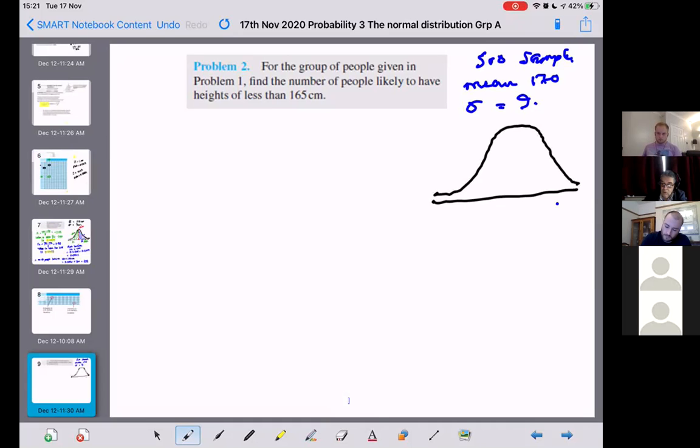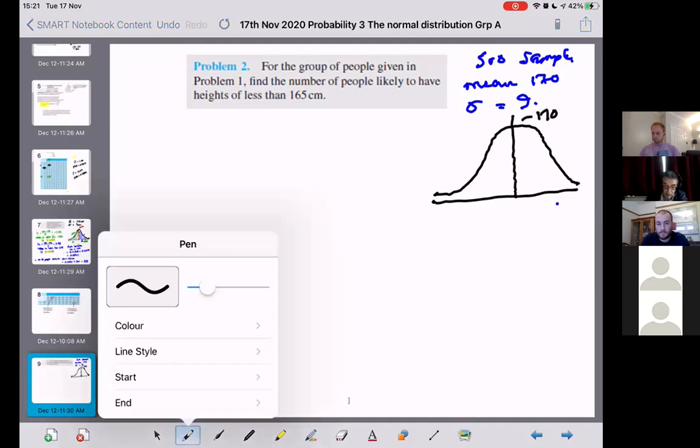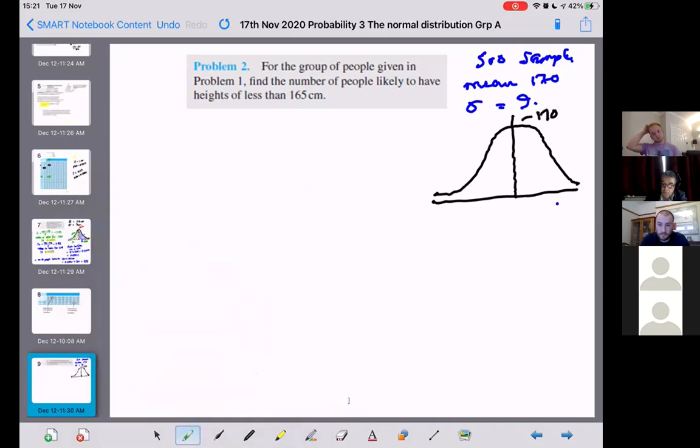We've got a mean here equal to 170, and a line in here, let's make it green, 165. We're interested in this area, lower than, less than 165.